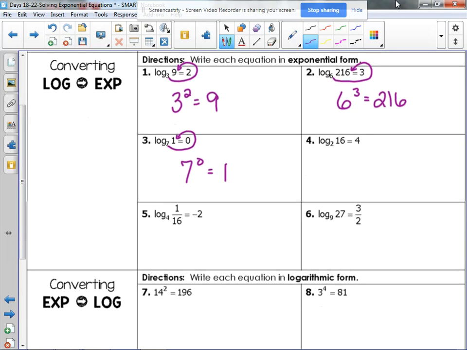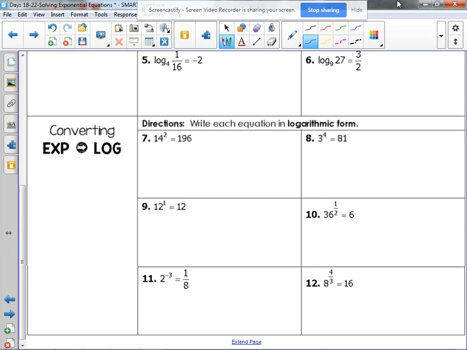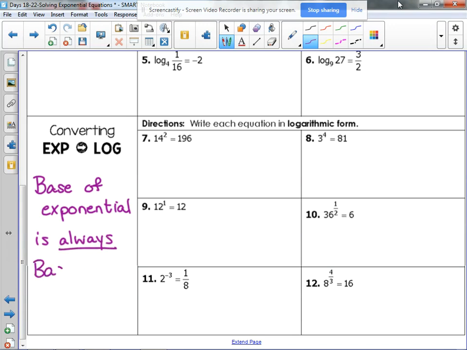Okay, let's look at going from exponential form to logarithmic form. Before we start doing them, I'm going to make a note over here. The base of the exponential is always the base of the logarithm.